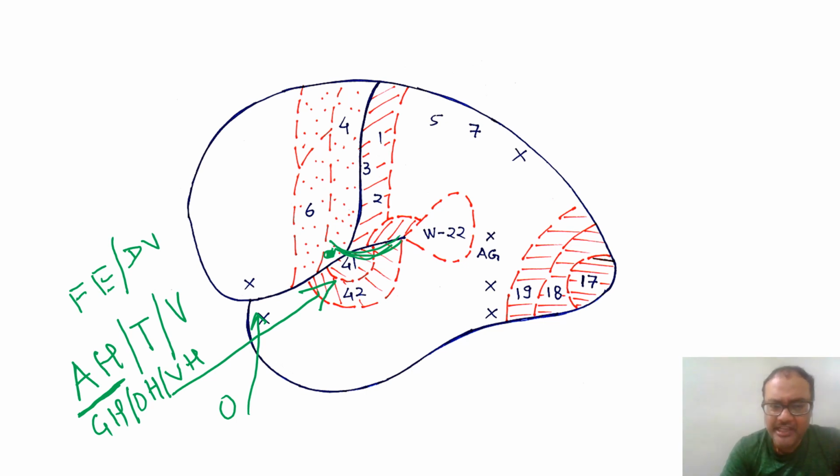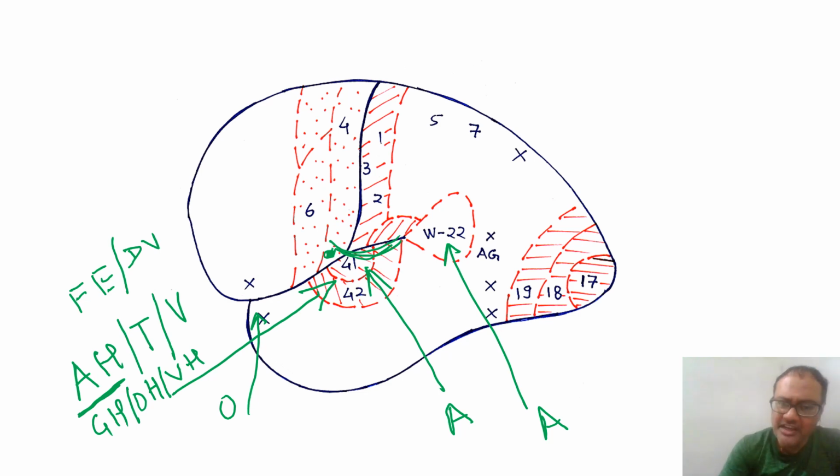If we ablate as per function, we can have many A's. First A can be auditory disturbance, as we can always expect, because Wernicke's area is the area for speech. Aphasia can result. So this is the second A. Then some visual fibers are also going, so anopia, especially quadrantic anopia, can result because of ablation.